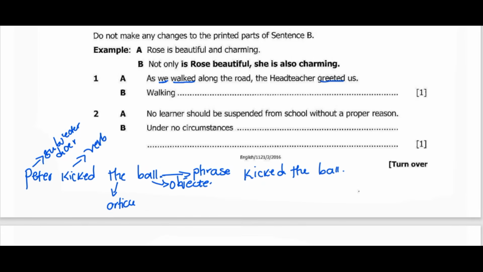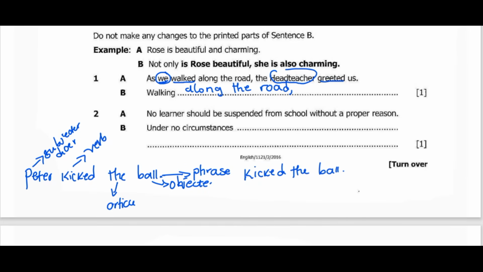The first part before the comma, have it in mind that you are going to have a comma and a full stop. That is in terms of punctuation. Before a comma, make sure that the sentence is a phrase. So we are not going to mention the doer of the action. We are not going to mention we. We are also not going to mention the head teacher here. No, the first part, just say walking along the road, comma.